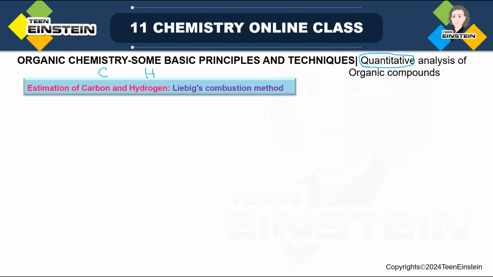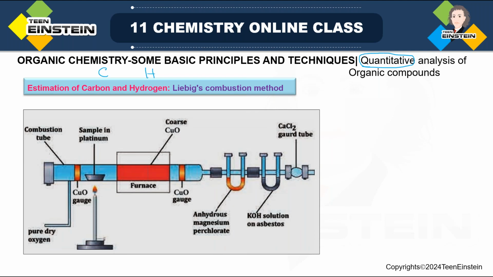CO2 is coming from carbon and water is coming from H. Now you will do the same type of experiment here again, but now you have to measure the amount of CO2 and H2O that is produced, because now it is not qualitative, it is quantitative. You are now finding the actual amount of the element present in the organic compound. So this is the experimental setup.